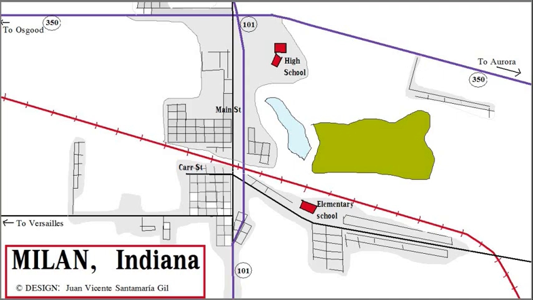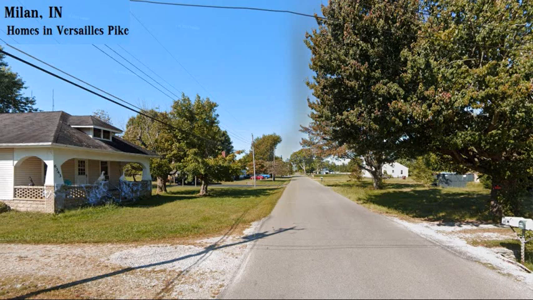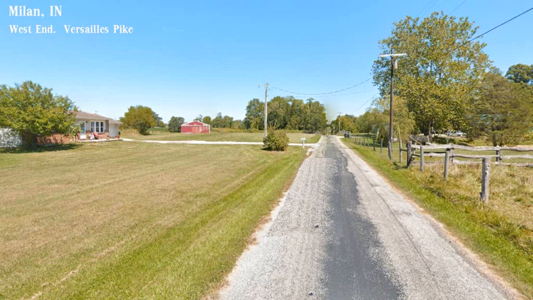Only the road to Versailles, the county seat, Ellis Street or Versailles Pike to the west, has some residential developments before the farms and cornfields dot the landscape.